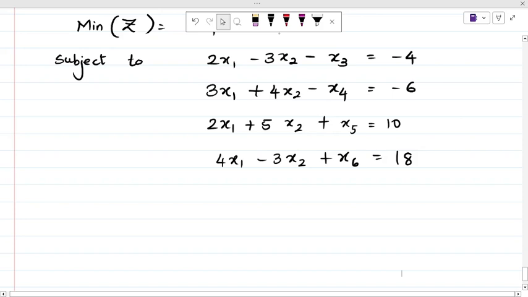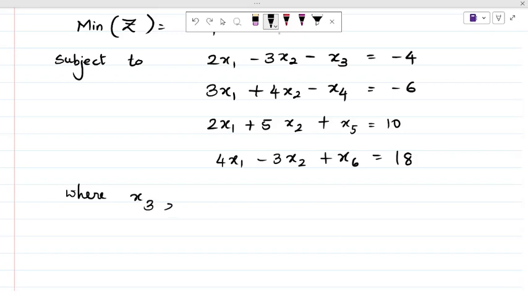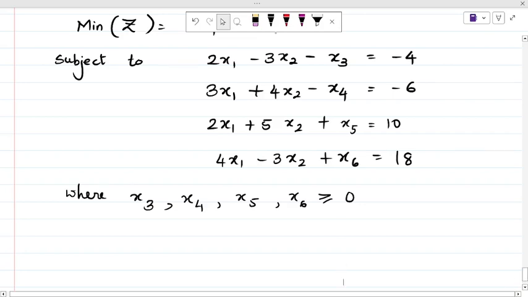Here x3, x4, x5, x6 are all greater than or equal to 0. Now they have not mentioned anything about x1 and x2, so it means that x1 and x2 are unrestricted.